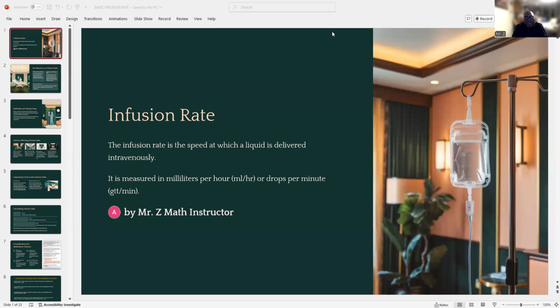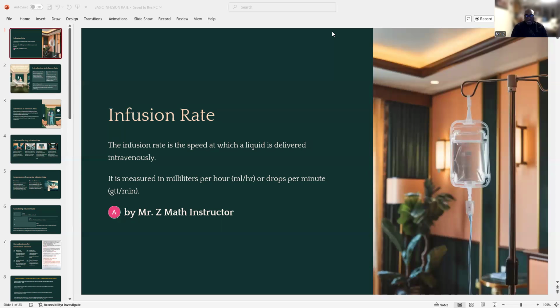All right, so which one is infusion rate? Infusion rate is the speed at which a liquid is delivered intravenously. So if you're going to give 1,000 milliliters of normal saline, like you have a bag hanging right there, and you have to run it for only 10 hours, we need to identify what the infusion rate will be.